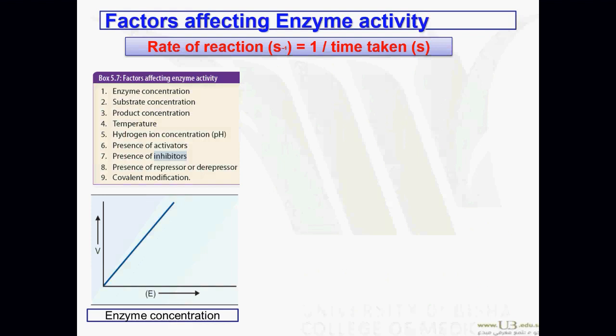This is the first factor. So the relation between the enzyme concentration and the velocity of the reaction is directly proportional. As we increase the enzyme concentration, the velocity or the speed of the reaction will be increased proportionally, giving this type of relation.